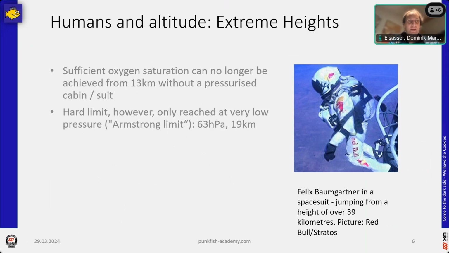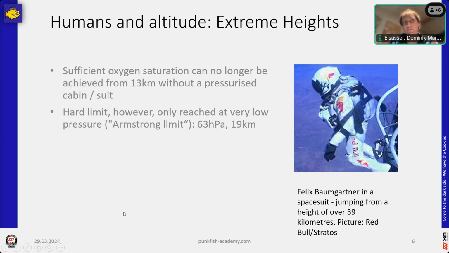And the first limit is that without supplemental oxygen, sufficient saturation to sustain life can really not be achieved from 13 kilometers onwards. It's also easy in a way to see, because what is the partial pressure of oxygen at sea level? It's of course 0.2 bars roundabout.